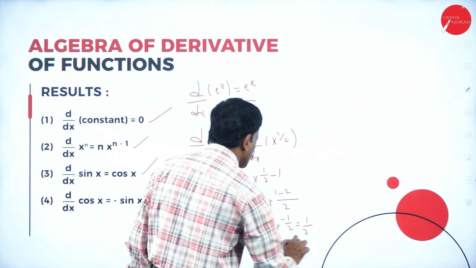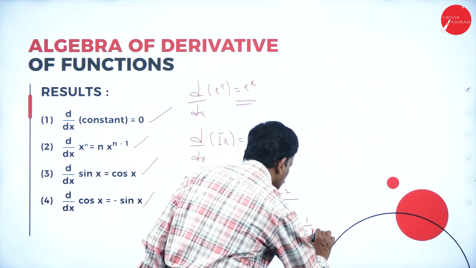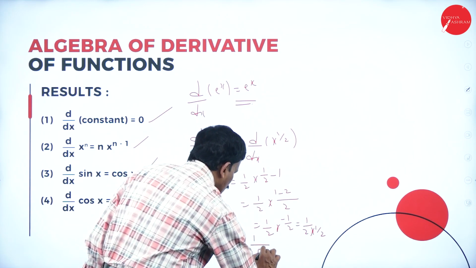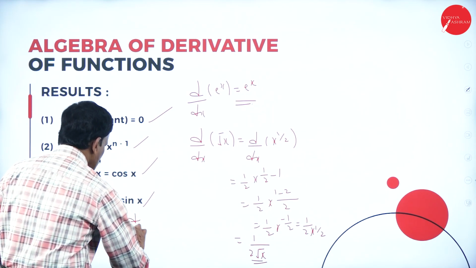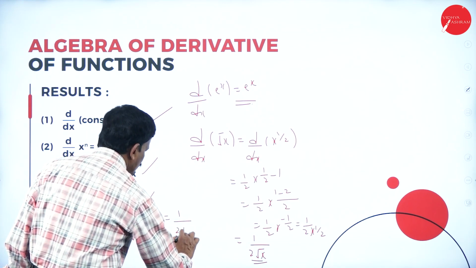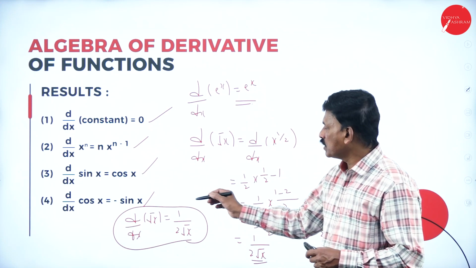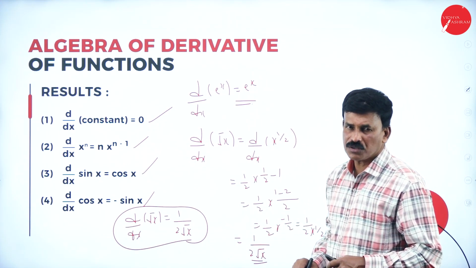Bring this to the denominator and the power becomes plus 1 by 2. So this can be written as 1 over 2 root x. Keep it in mind: the derivative of root x is 1 over 2 root x. Wherever there is d by dx of root x, right away you can put 1 over 2 root x.